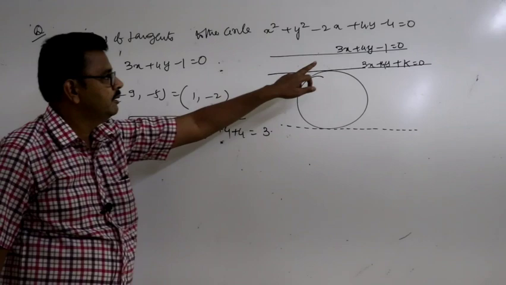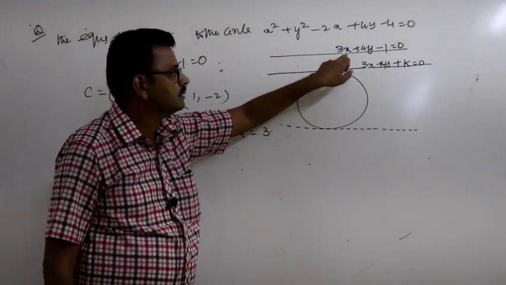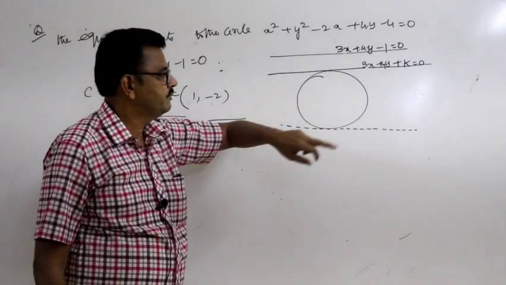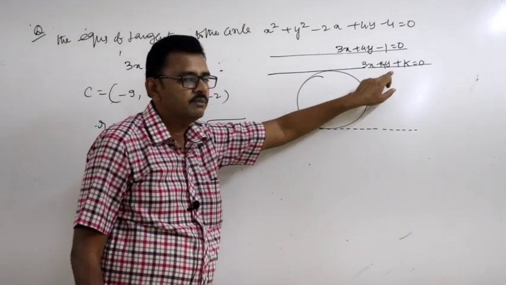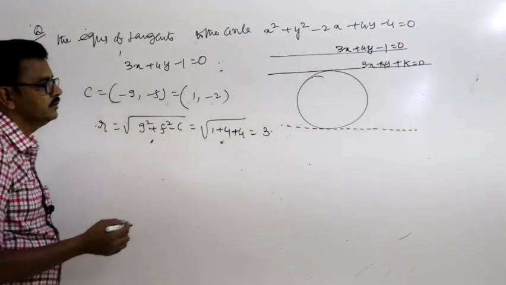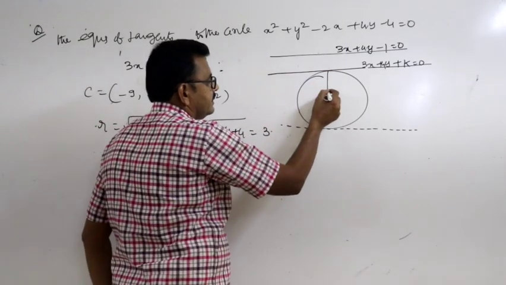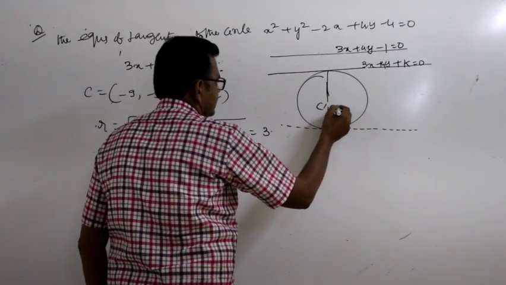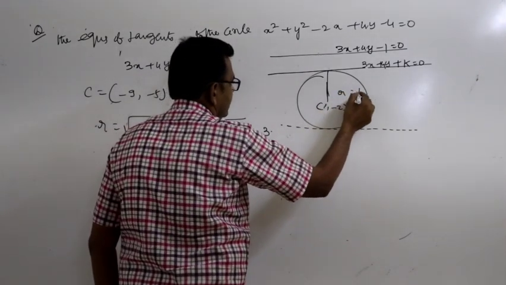Equation of line parallel to 3x plus 4y minus 1 equal to 0 is of the form 3x plus 4y plus k equal to 0. How to find k value? The line is a tangent to the circle, so condition for tangent is r equal to d.